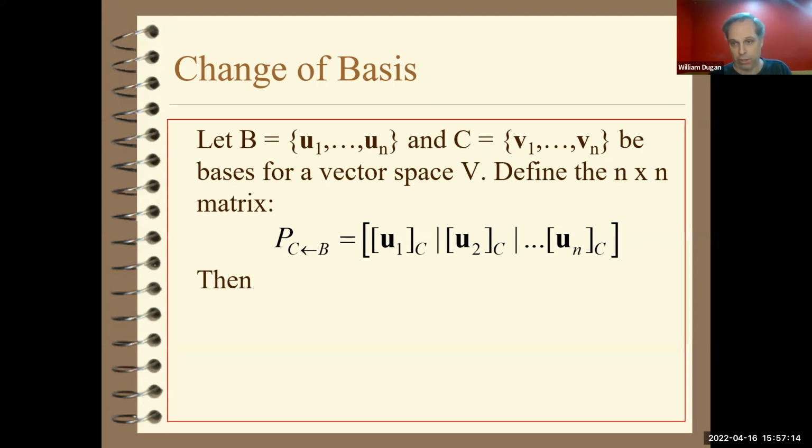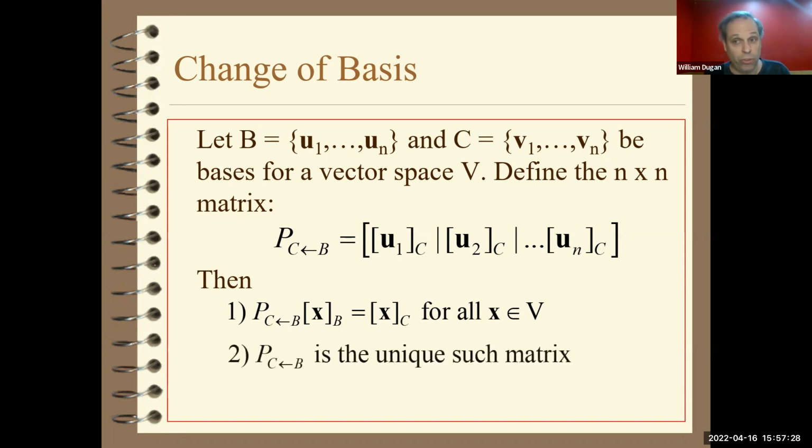This particular matrix has these properties. First off, it's the change of basis matrix. It will send the coordinates of a vector relative to B to the coordinates of the same vector, but relative to the basis C. Also, there's only one such matrix that does that, and it's this matrix you have right here.